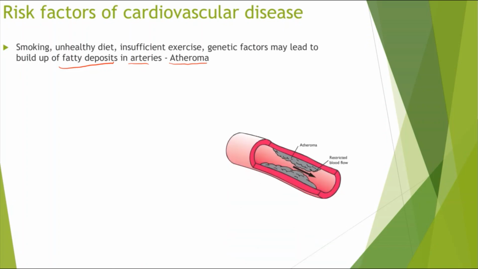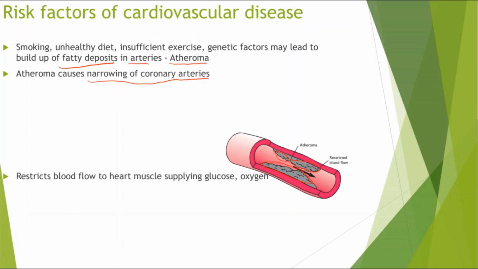So as you can see in this, there are fatty deposits being placed inside the arteries, and these are atheroma. And these fatty deposits can cause the narrowing of coronary arteries. So remember, coronary arteries are responsible for supplying glucose as well as oxygen to the heart muscle.